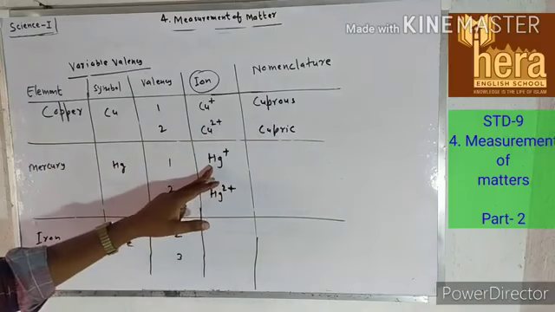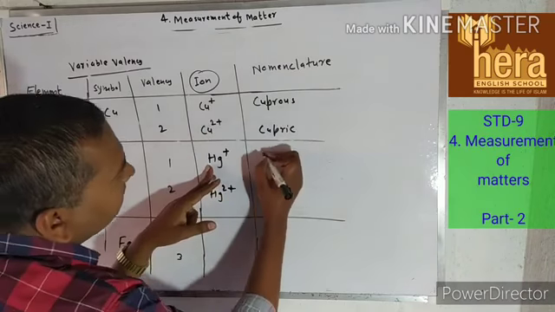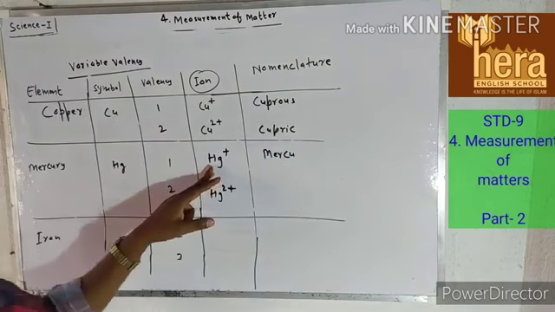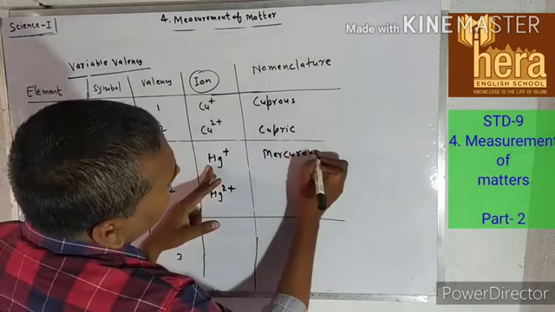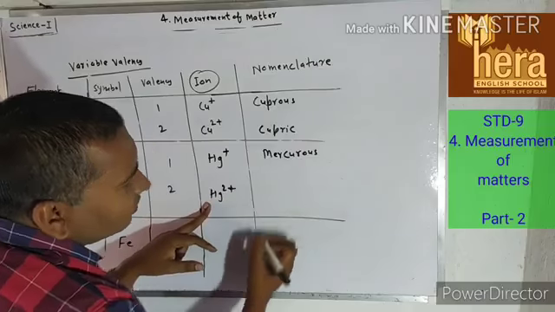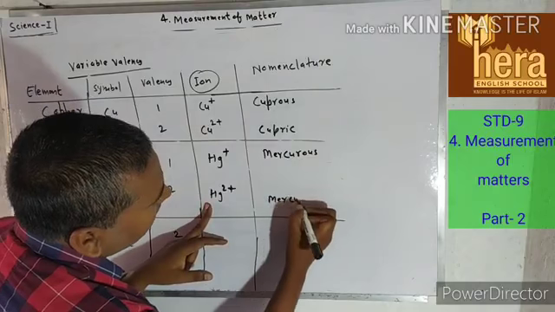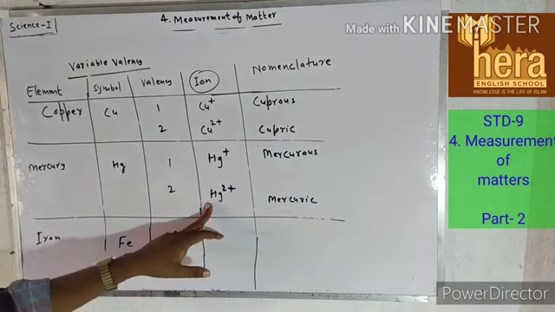Hg plus is called mercurous. Hg2 plus is called mercuric. Okay.